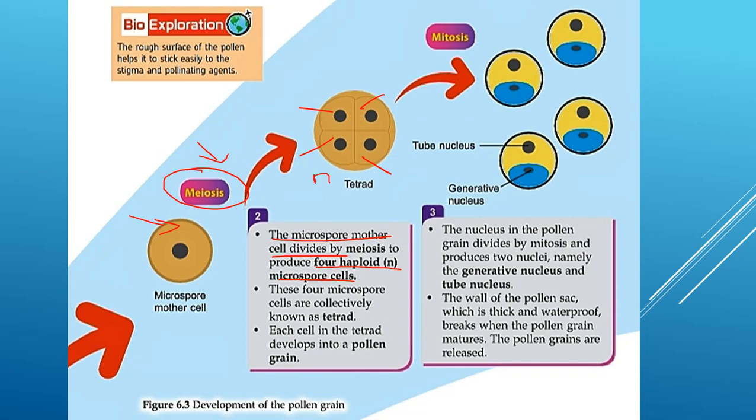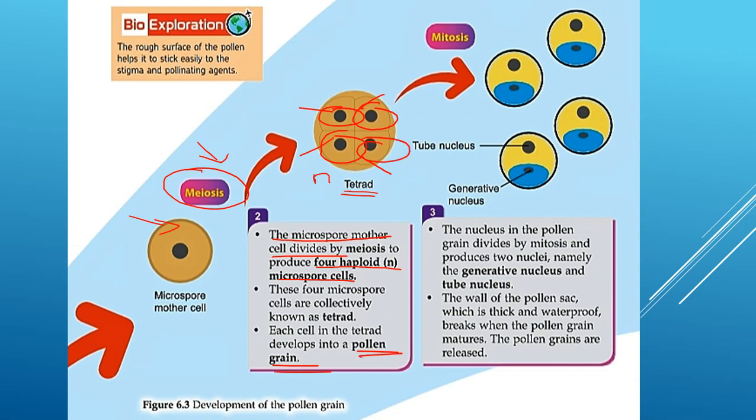So these 4 microspore cells we now call a tetrad. Each cell in the tetrad will develop into a pollen grain.